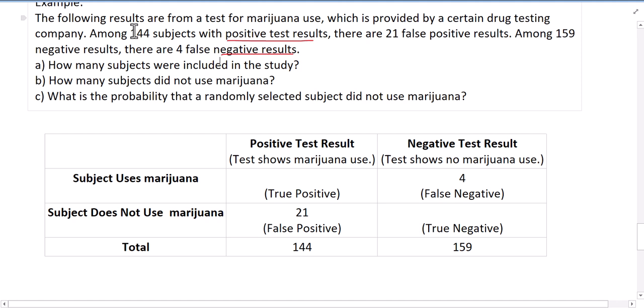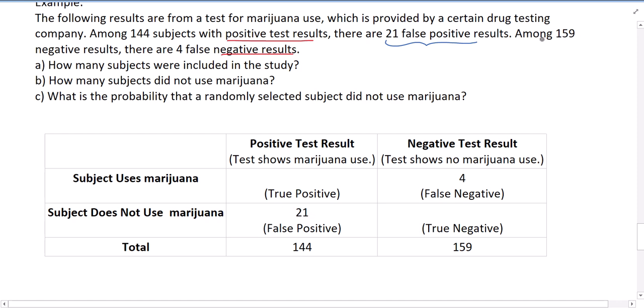So I know that there were 144 total with positive test results, and of those, 21 had false positives. So what does it mean to be a false positive? That means they tested positive, so it's going to be in the positive test result, but because it's a false positive, that means they did not use it. So I put the 21 there.